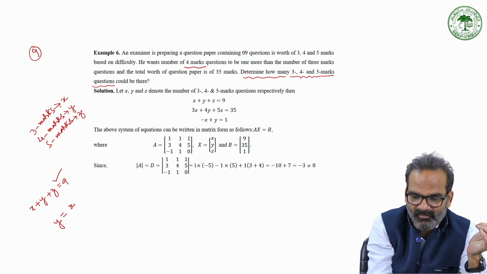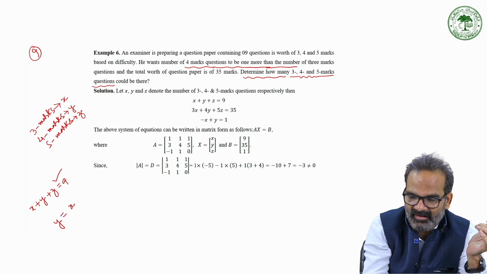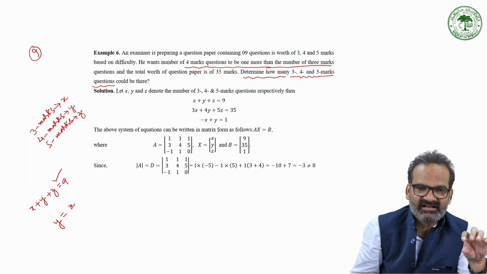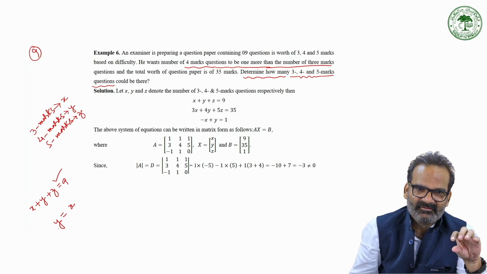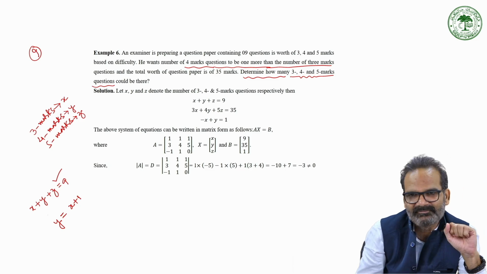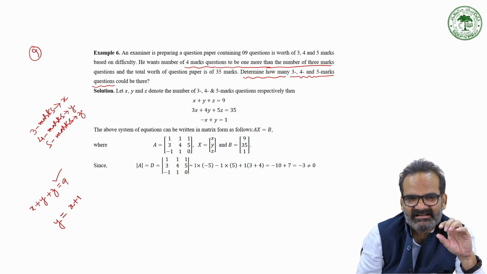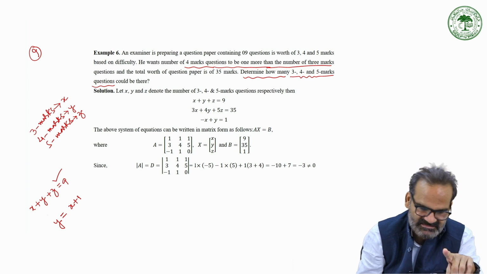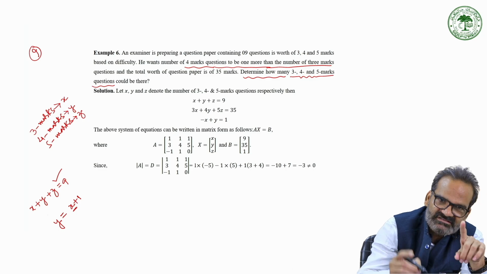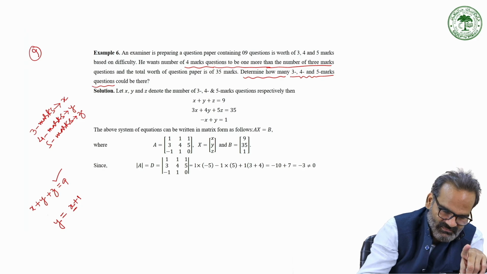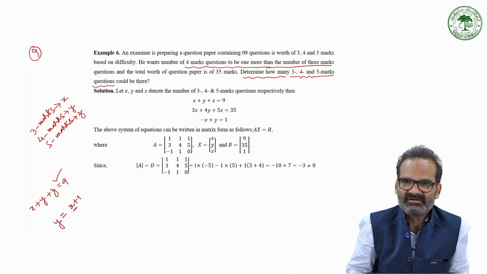So 4 marks questions to be 1 more means y is equals to x plus 1. Number of questions which contains 4 marks, they are 1 more than number of questions which contains 3 marks. So x represents the number of questions which contains 3 marks, y represents the number of questions which contains 4 marks. So y is equals to x plus 1. This is equation number 2.